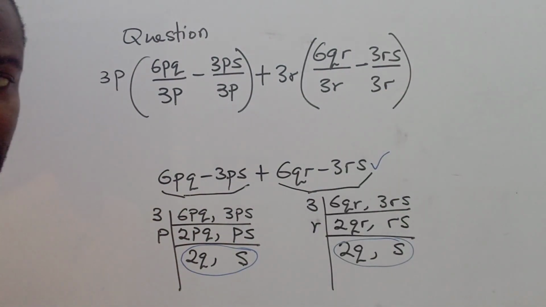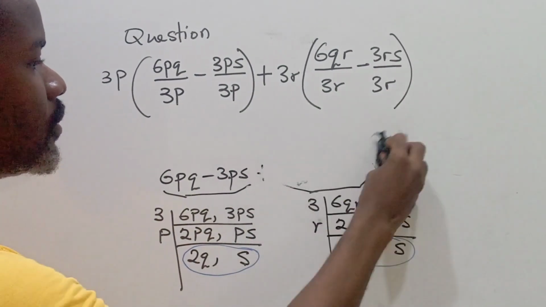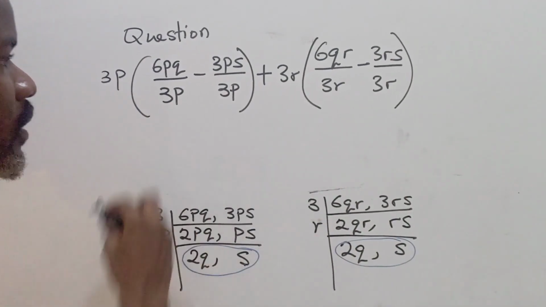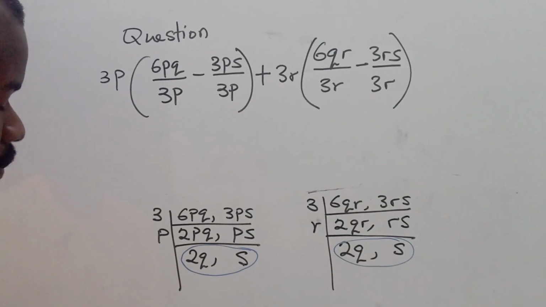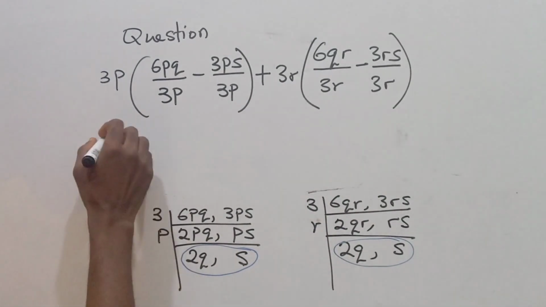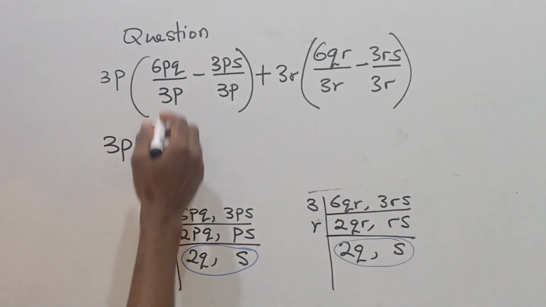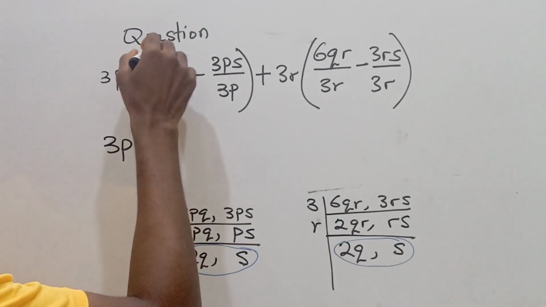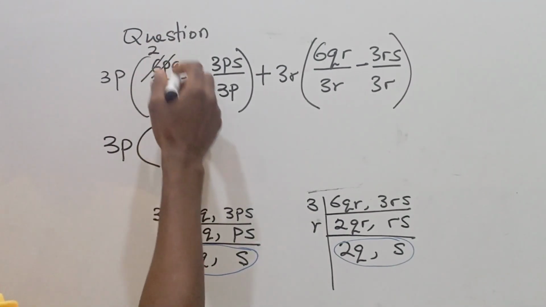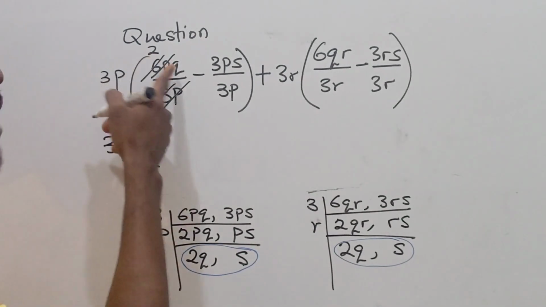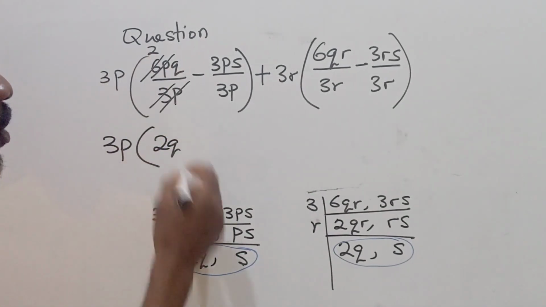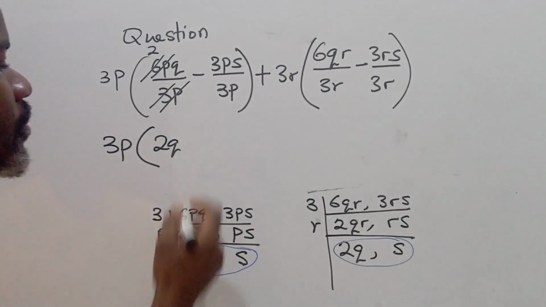Having gotten this step, we can now factorize further. Let's see what can cancel out. For this side, we have 3p here. 3 divides 6 to give 2, P cancels out P. We are left with 2Q.